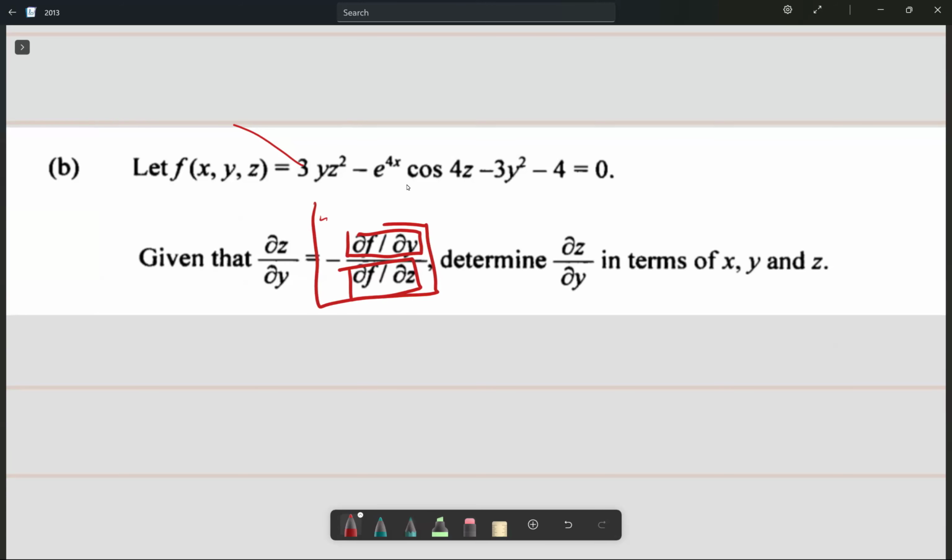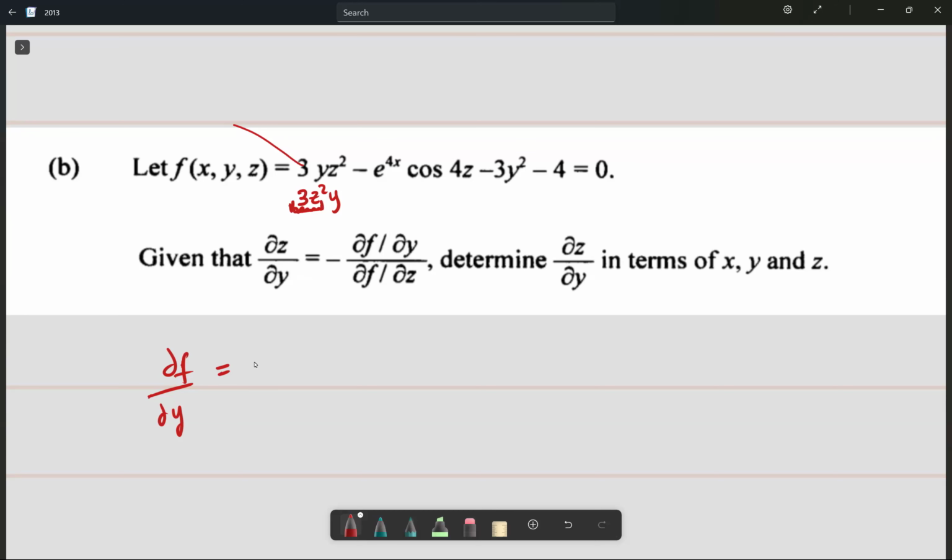So the first step, find the partial derivative with respect to y. When you have 3z squared and y, you treat the entire thing that is not y as a constant.